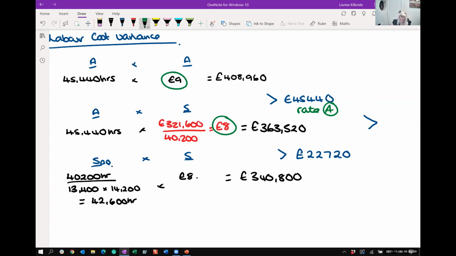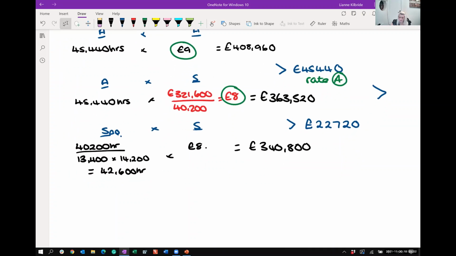Okay, so I would say, Dahlia, again, you've hit the nail on the head. Yes, it is adverse because we are comparing the figure that we've calculated against the actual use, the usage. So we want to know how efficient our staff have been.